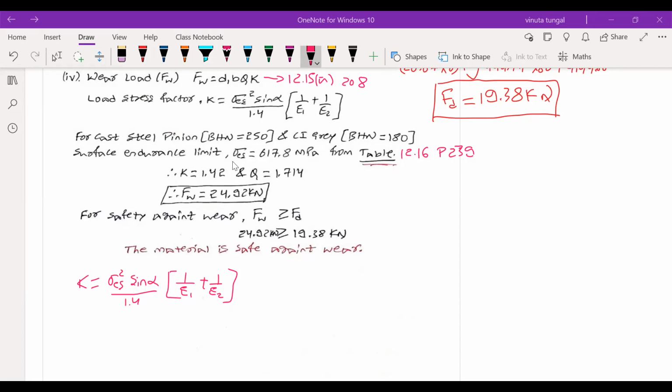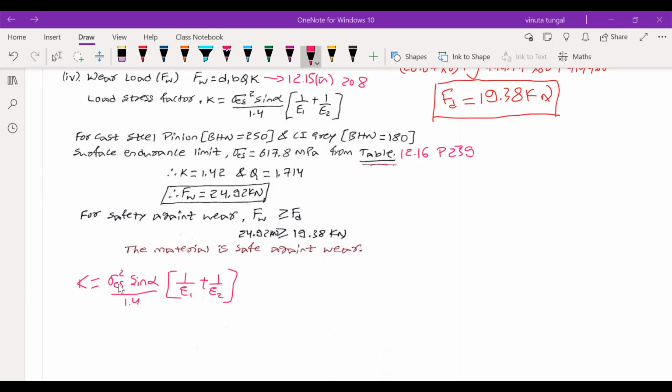From that, the surface endurance limit I am going to get is 617.8 megapascal.